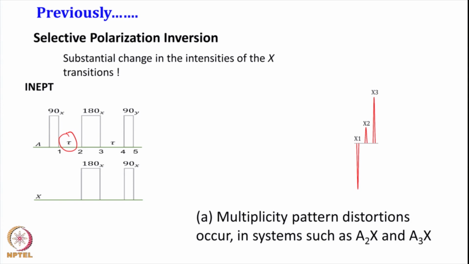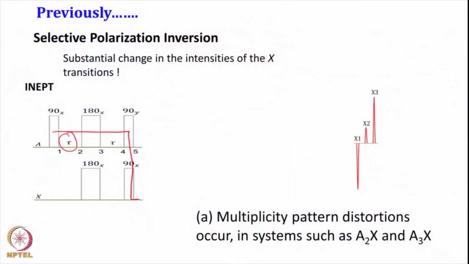So, total tau is 1 by 2J. Then we were applying a 90-degree Y pulse on A spin and a 90-degree X pulse on X spin. Because of that, magnetization was coming from here to here and we were detecting on X spin, and because of that the sensitivity of X spin got enhanced, in the order of gamma of A by gamma of X. So, typically we can get 4 times enhancement.